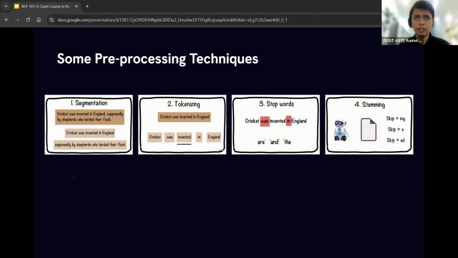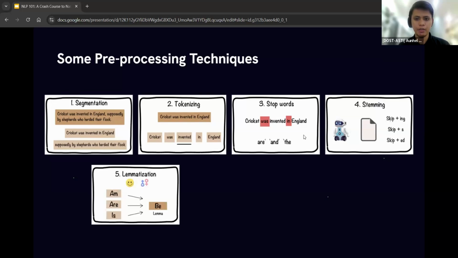Basically we're getting the root word. Let's say skip, we're getting the stem skip, plus any additional particles added. Then again, lemmatization, the original lemma of the word. So am, are, is, we are getting the lemma which is be.